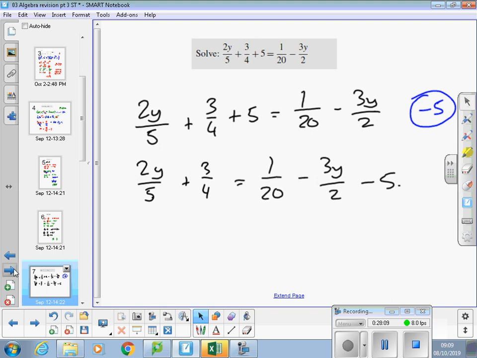Next. We want, in the end, no constants on that side. We want all the y terms on that side. We've got plus and minus at the moment, so we've got to get rid of all the plus and minus on this side.